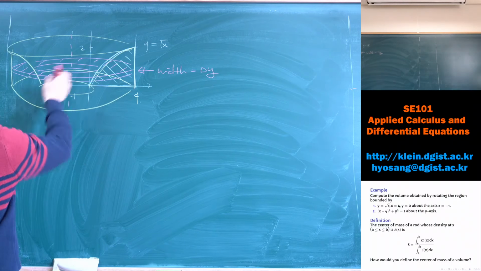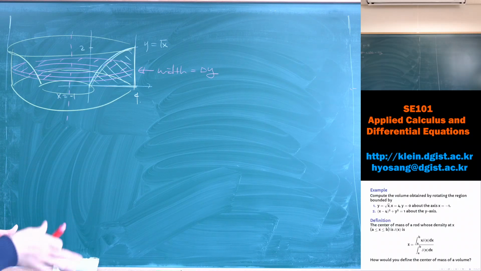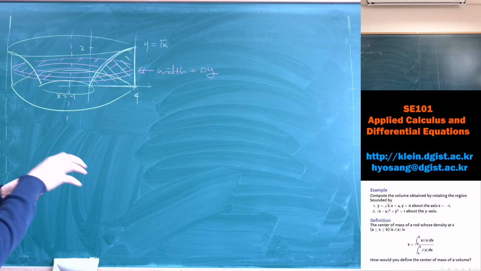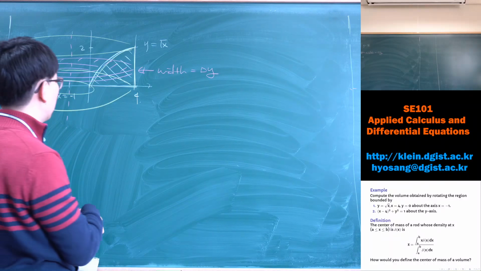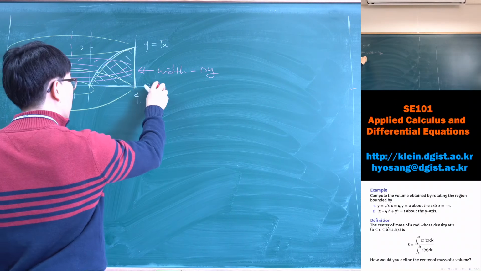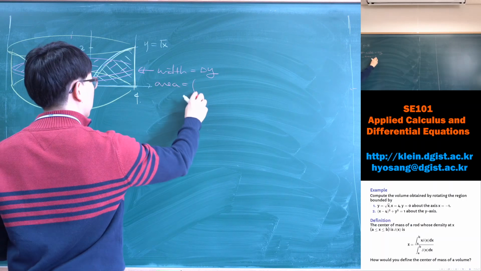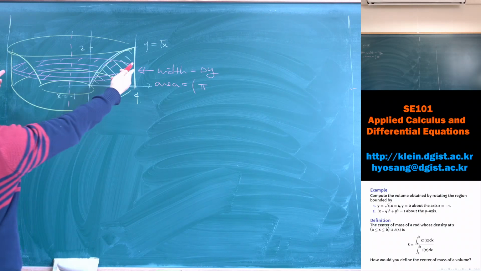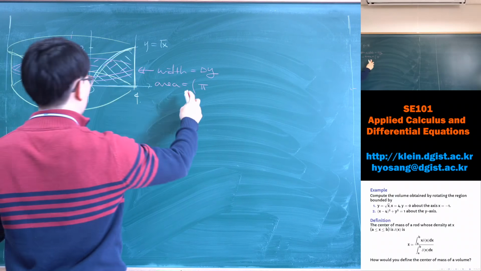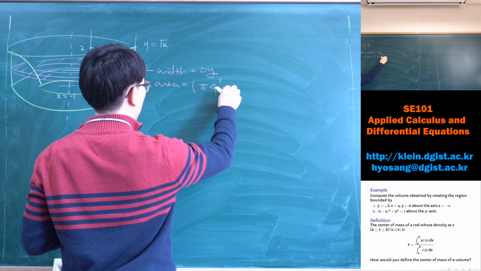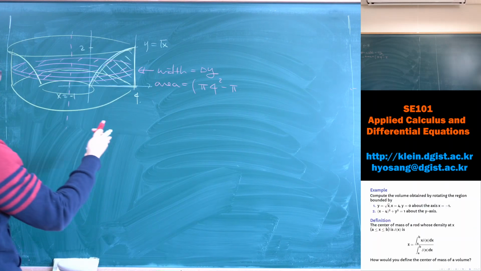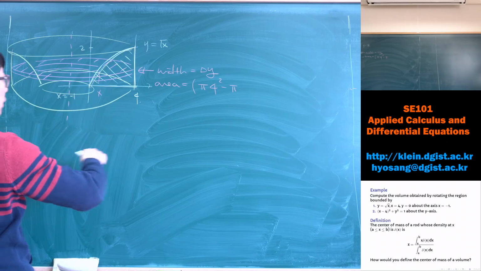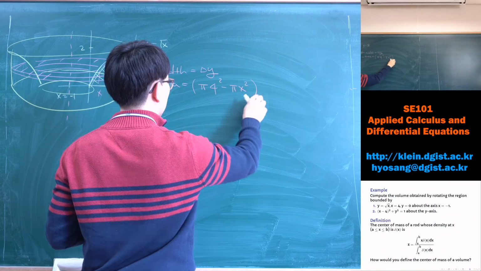Okay, and how about the area? The area is the area in between two circles, right? So we have area equals pi times the larger radius, which is 4, squared, minus pi times the smaller radius, which is x, so we get x squared.